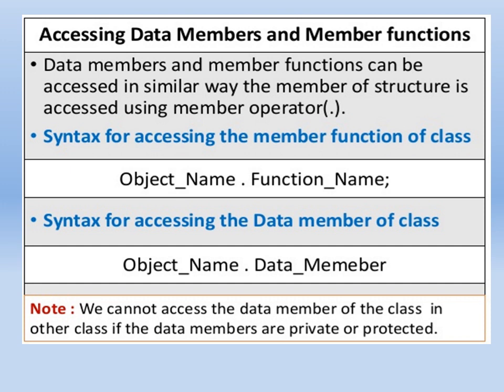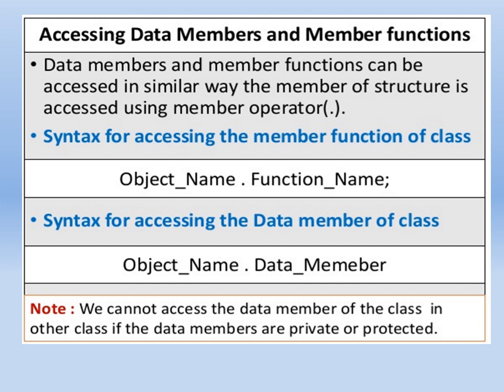Now we'll see how to access the data members and the member functions. Data members and member functions can be accessed in a similar way. The member of a structure is accessed using the member operator, that is the dot operator. As we saw in the example, std dot show. So the dot operator we have used while accessing the member function. Syntax for accessing the member function of a class: you have to write the object name, then the dot operator, that is the member operator, and the function name.